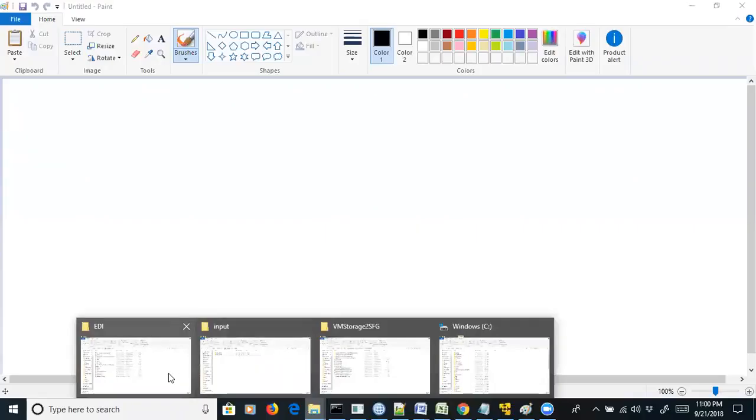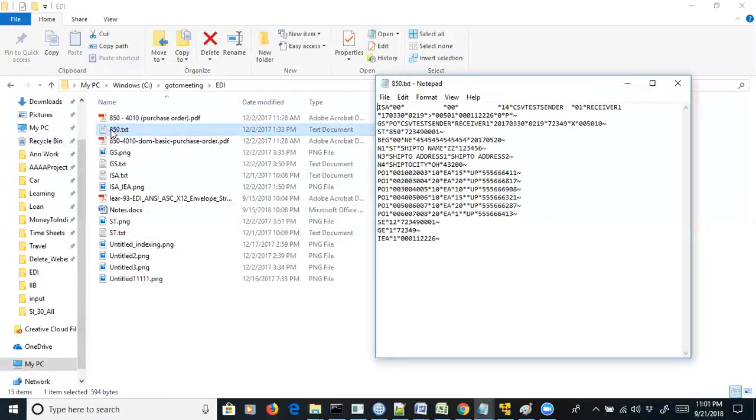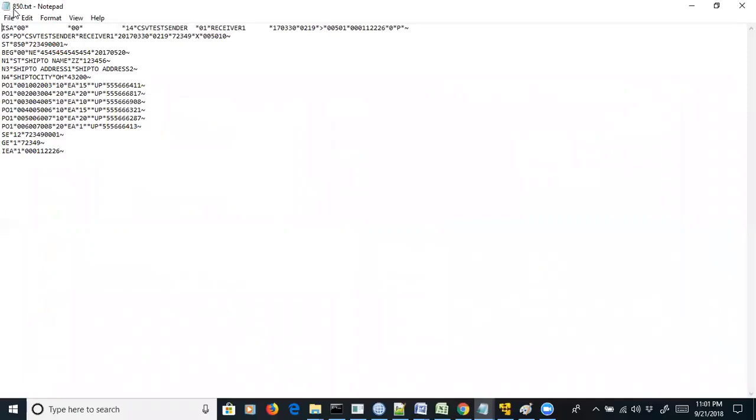So how does that EDI file look? Let me show you. Say this is an 850 EDI file, and this is how your EDI file looks. We call these values elements, and then you have a separator, and then again your element. If some value is not available, we leave the space for it.